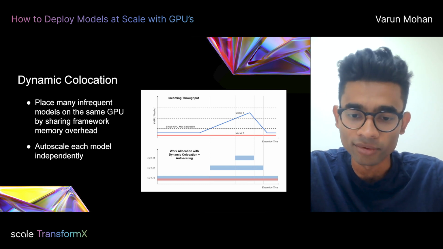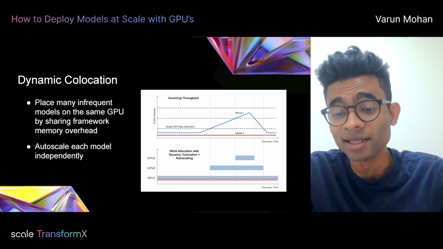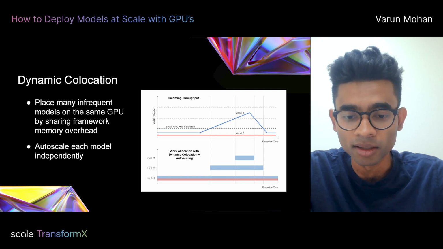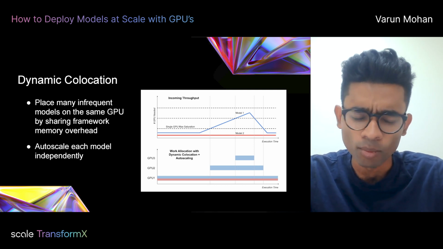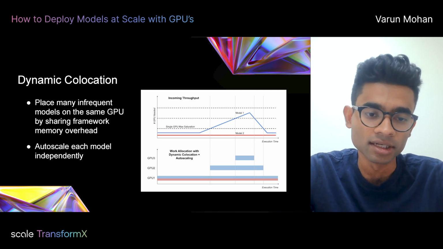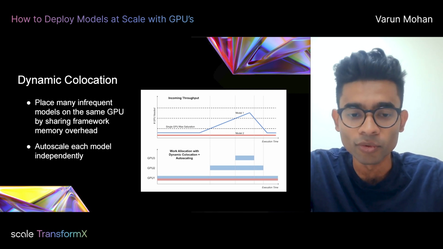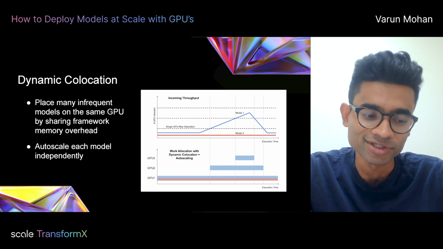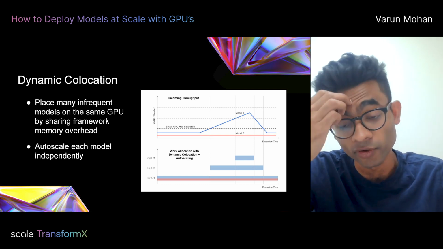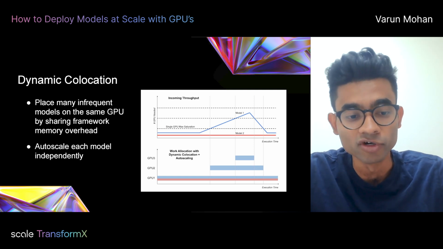And if a model is not getting much usage, you place it on a GPU with many other models. Some of the complexities of building a system like that is that you also don't want to own the GPU for obvious reasons.